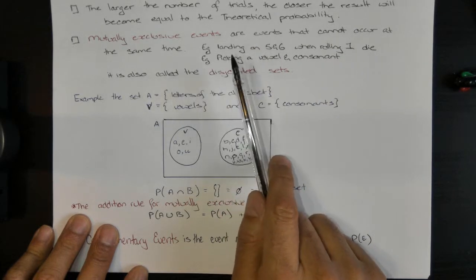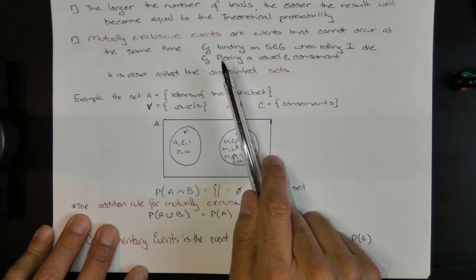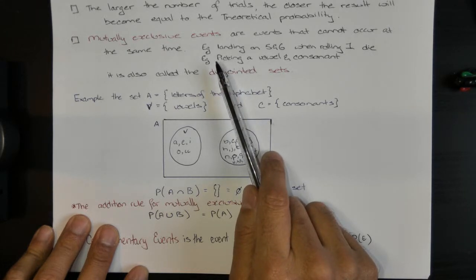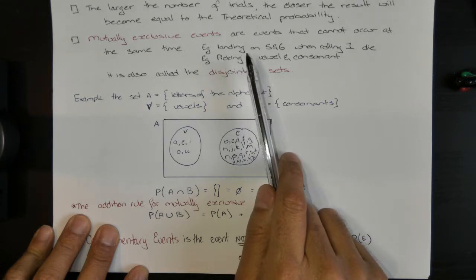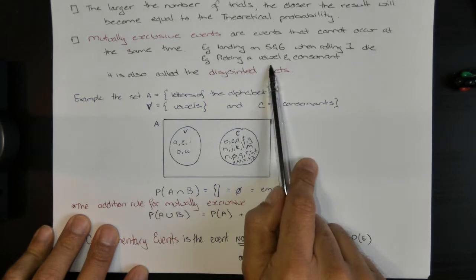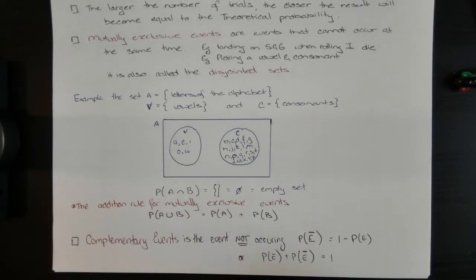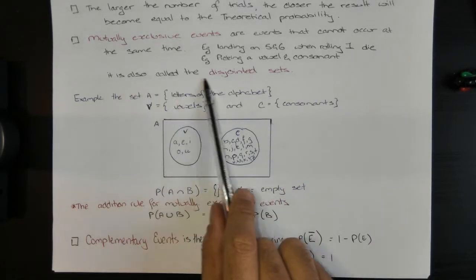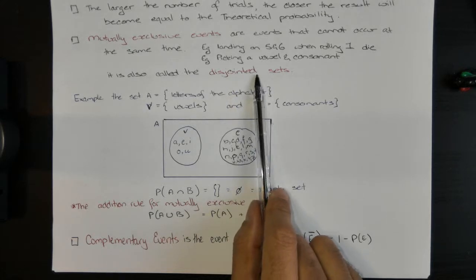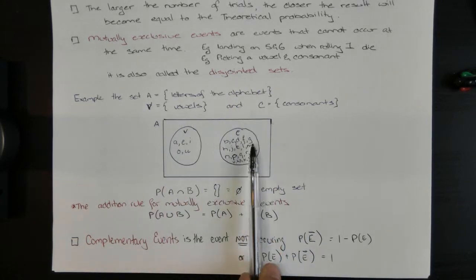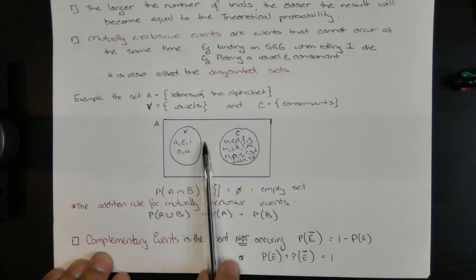If I was picking a card that had the letters of the alphabet, the possibility of picking a vowel is mutually exclusive to picking a consonant. We can also call it the disjointed set. So when we're talking about Venn diagrams, it's the disjointed set. The sets are separated and there's no overlap.